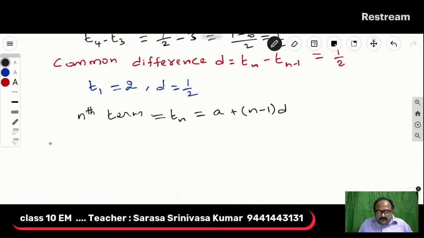So n equals 5 implies T5 equals a plus 4d. This is equal to, a equals 2.